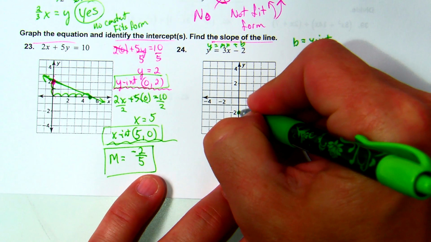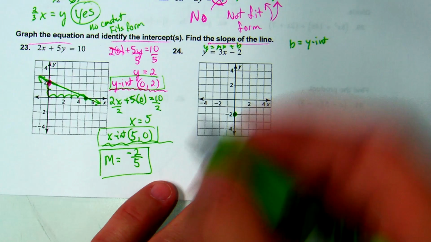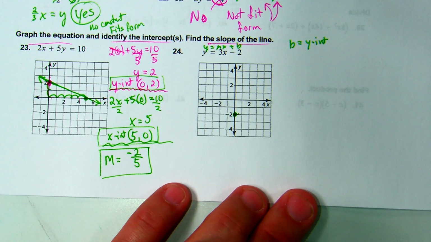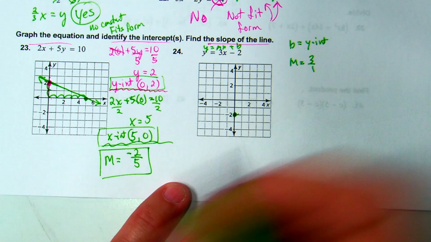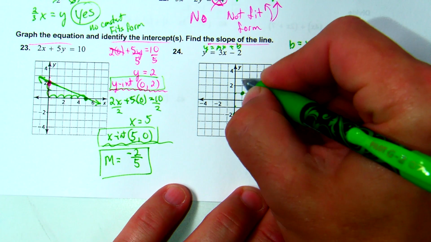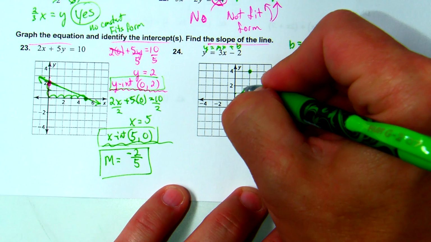So I know I'm going to have a point right there. Okay, well, that's one of my points. What's my slope? The slope is already in there too. It's 3 over 1. So I can go up 1, 2, 3, and over 1. Up 1, 2, 3 over 1. And I can draw the line going through there like that.